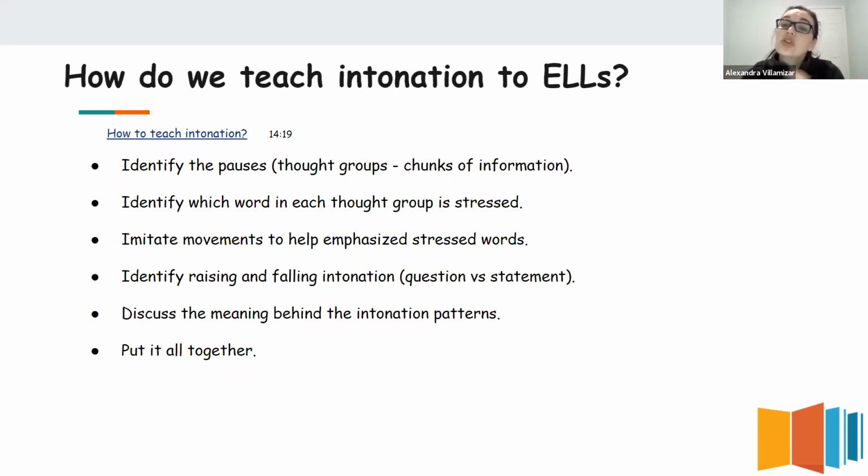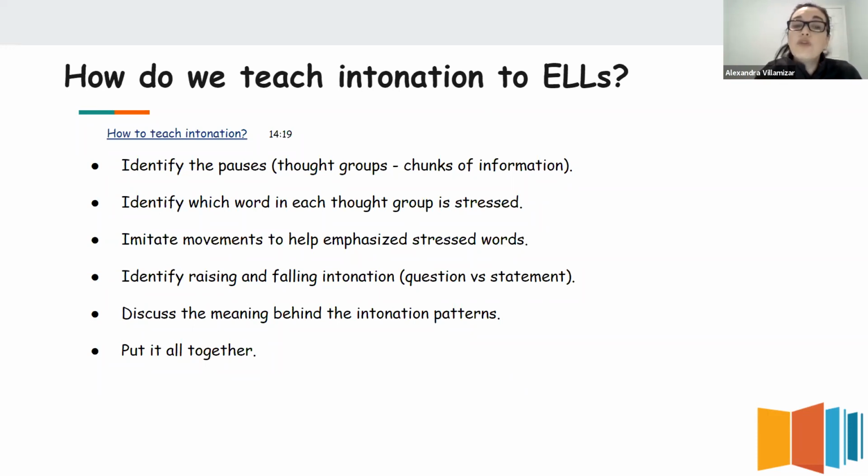When you show that word being the stressed one, where the intonation is focusing, you show the meaning based on the word you put the emphasis on. So identify which word in each thought group is stressed.